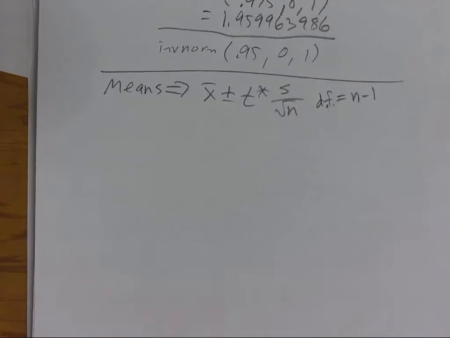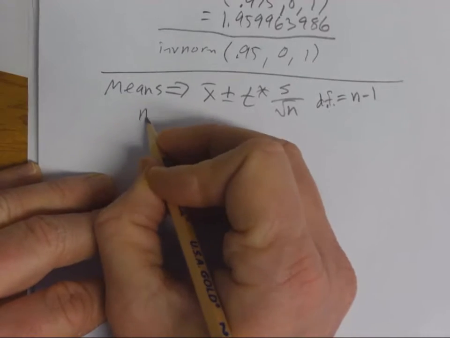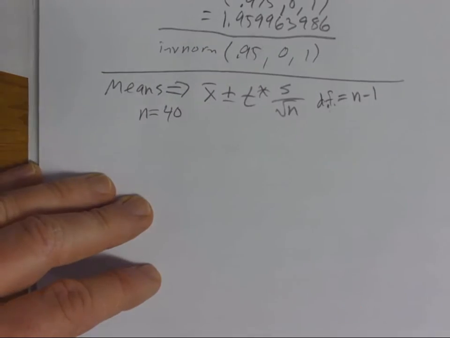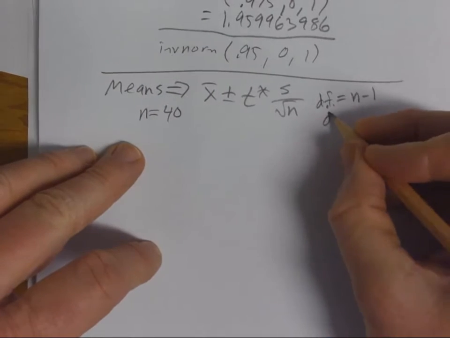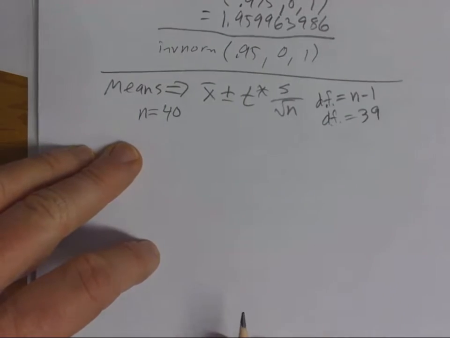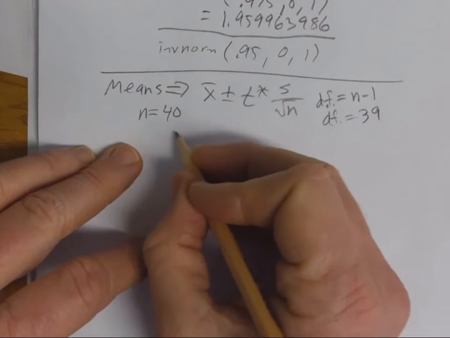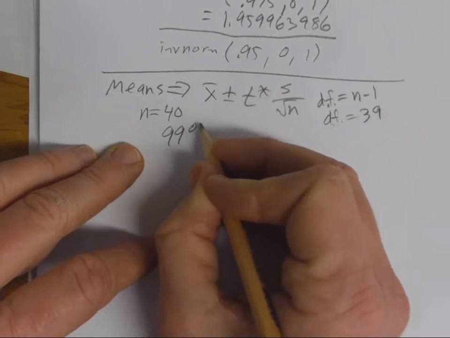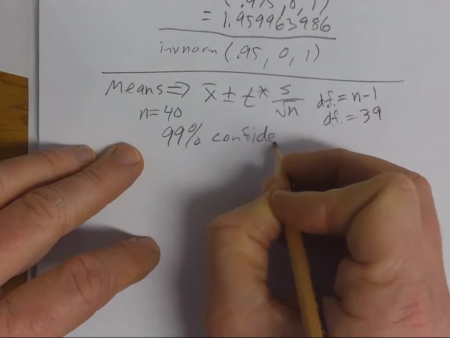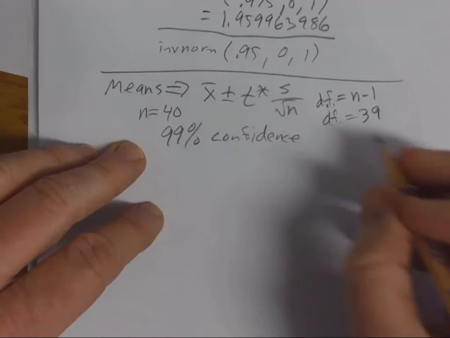So let's pretend that our sample size is 40. And so therefore our degrees of freedom is equal to 39. And so we're asked to make a 99% confidence interval for some mean.